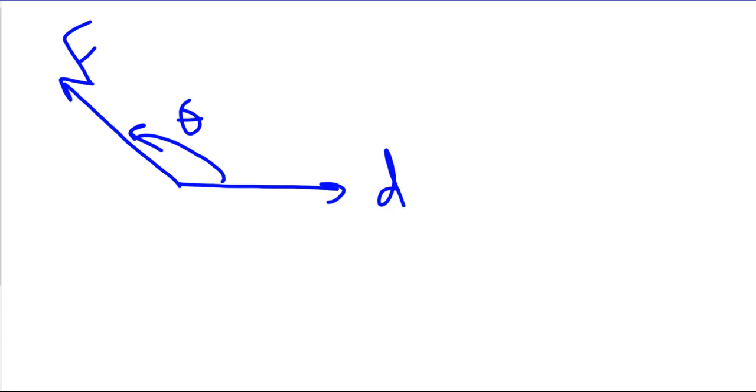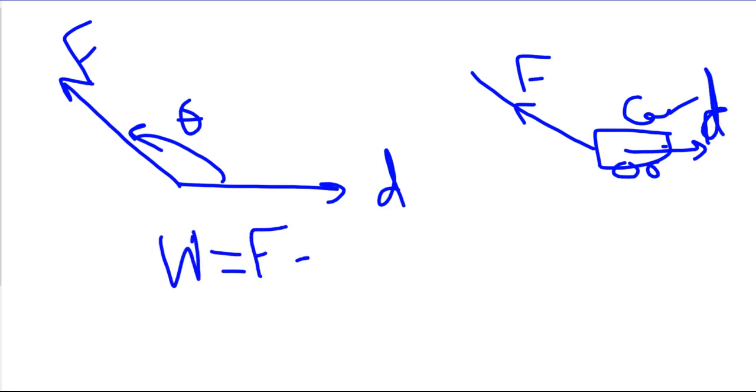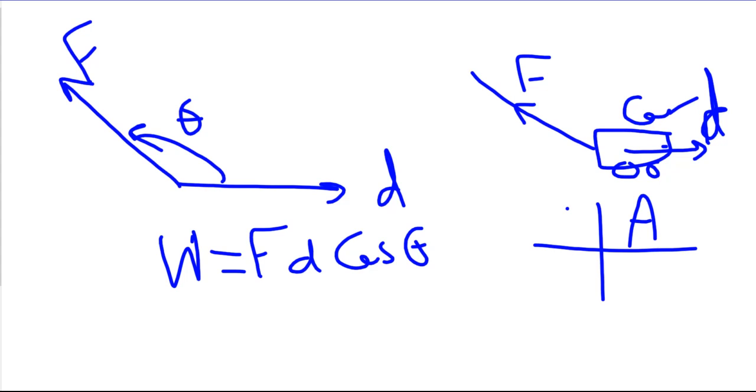If you have an object here, a car, and you pull this car in that direction, work is Fd cosine theta, and cosine theta in the second quarter is negative.